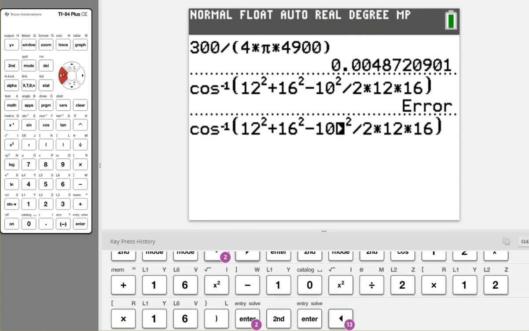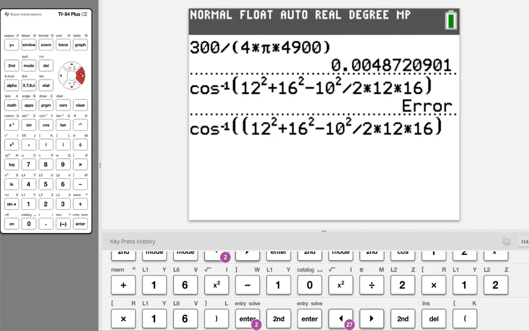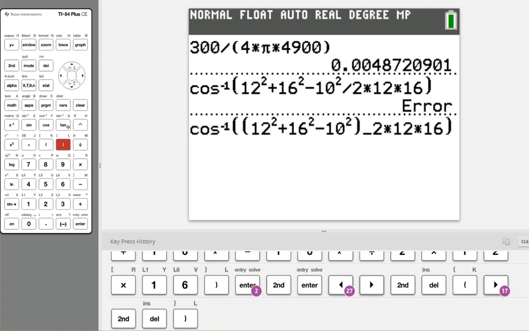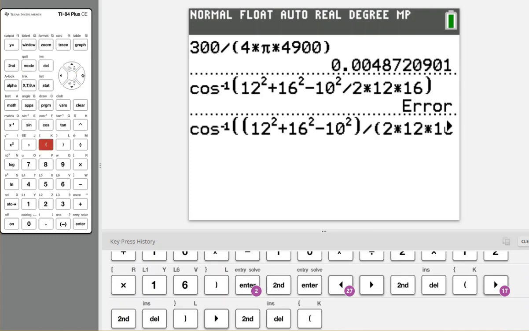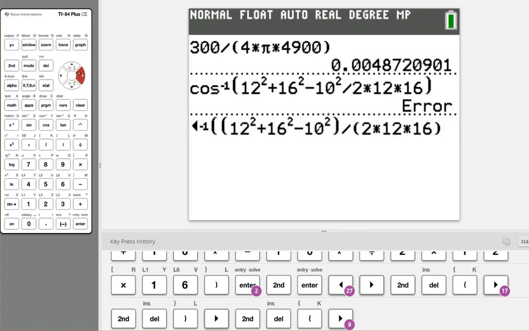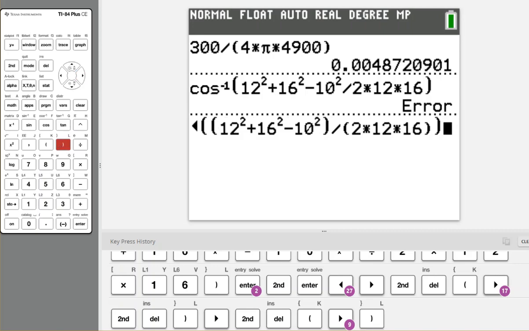when we write big fractions like that, it's implied that all of this stuff in the numerator is grouped together. So I'm going to put parentheses around my numerator. And all of this stuff in the denominator is grouped together, so I'm going to put parentheses around that too.